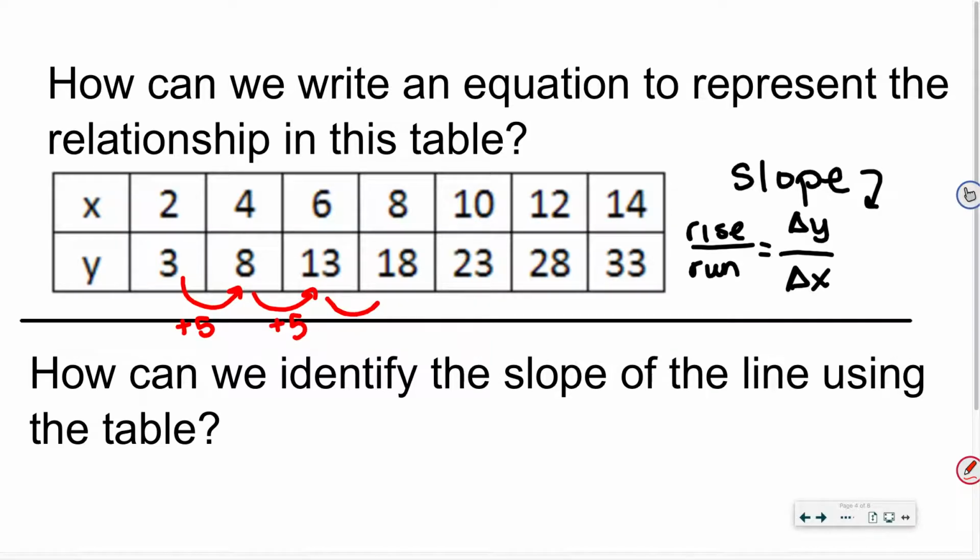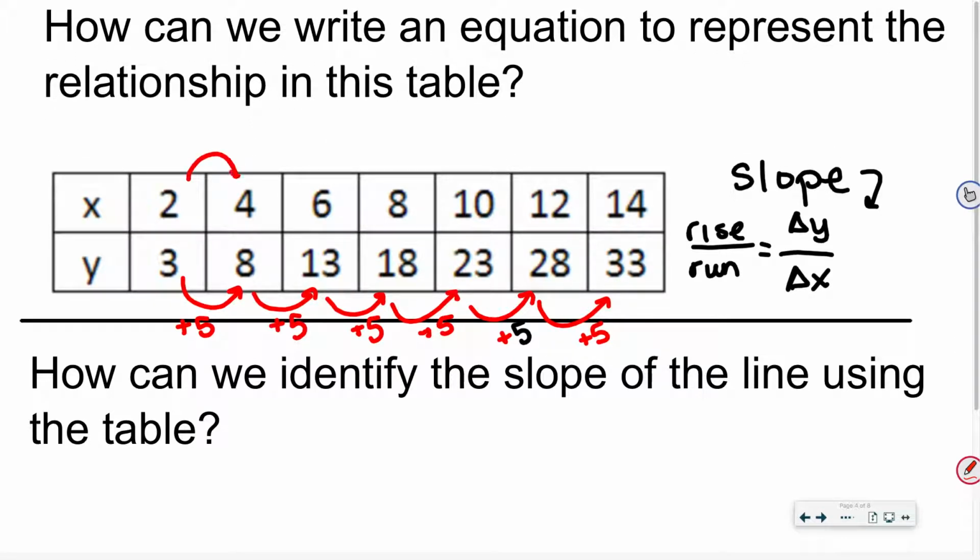And if you need an example in your notes, this is a great example to utilize. Okay, so we see that from one coordinate to the other in our table, we're increasing by 5. What's my change in x? I'm increasing by 2.